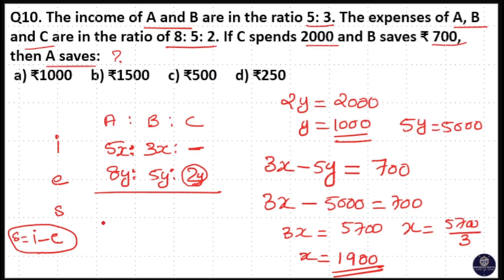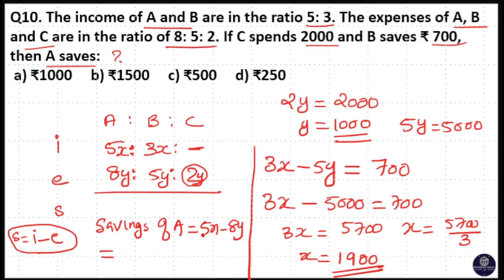Savings of A is equal to 5x minus 8y. Here x is equal to 1900, so 5 into 1900, that is 900 into 5 is equal to 4500, and 1000 into 5 is equal to 5000.